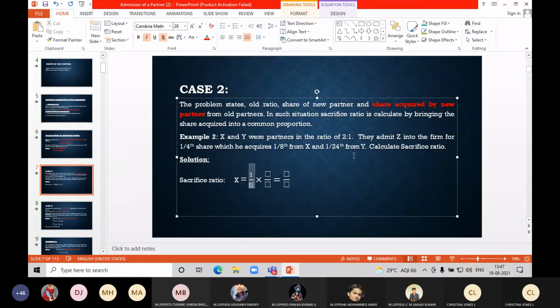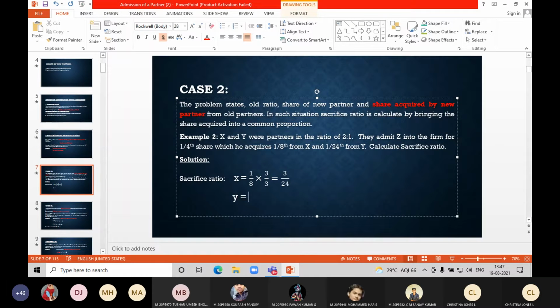Can anyone give me the LCM of 8 and 24? What's the LCM? 24 itself? Okay. 8 into what will give me 24? 3 will give me the 24. So the same 3 I'll multiply above. Don't ask me why. That's how we do LCM. So 1 into 3 will be 3 itself.